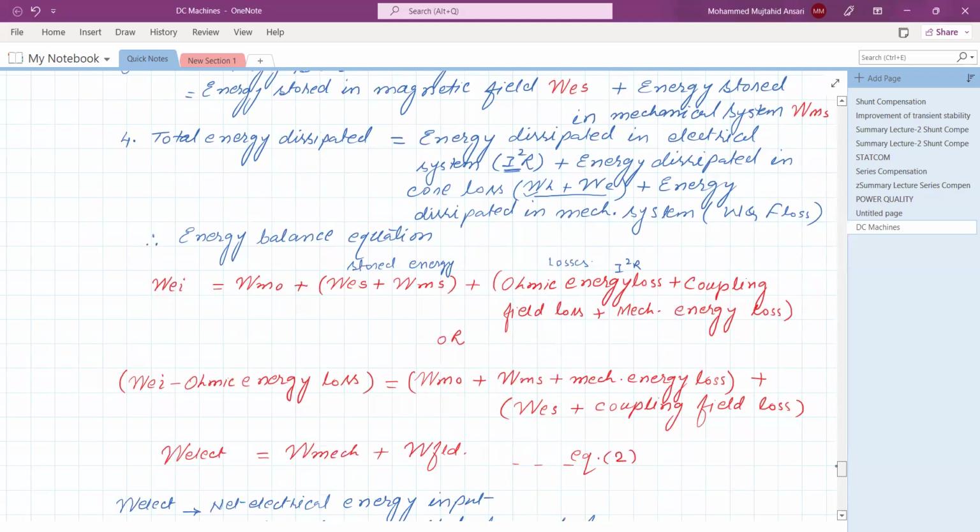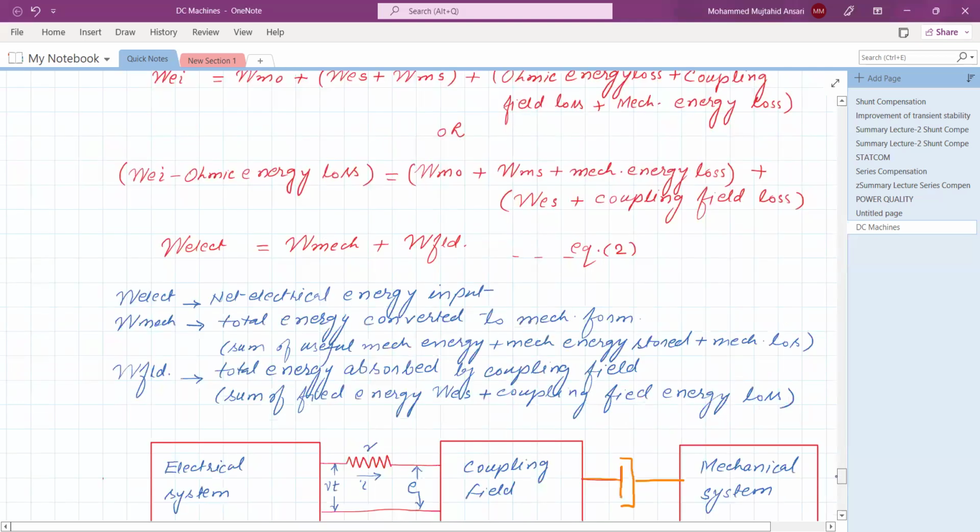Therefore, the W electrical energy is equal to the mechanical energy plus stored field energy or coupling field loss. Now, W electrical is the net electrical energy input, including the ohmic loss.